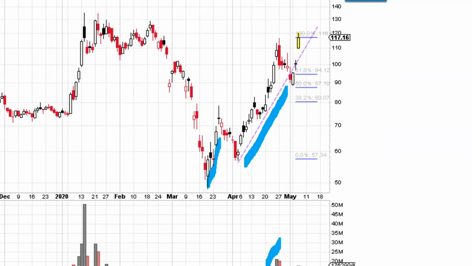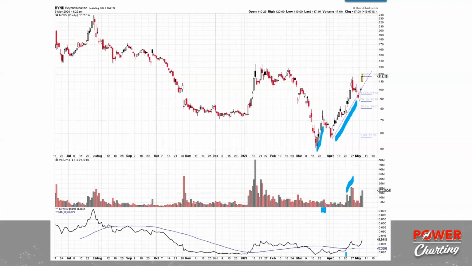There are a couple of different ways this can come. But here we have a pullback in Beyond Meat, and look at the relative strength. I want to add this because it tells us that we have leadership brewing in this instrument. And leadership is what traders are looking for, and institutional investors also.